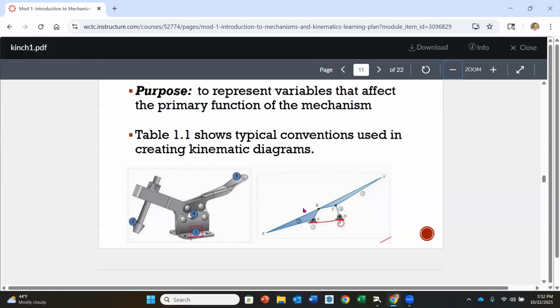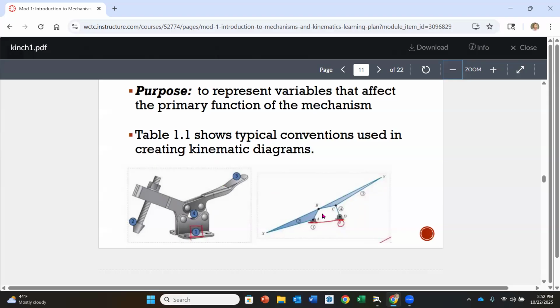And so over on the right-hand side, we're going to use standard symbols to represent what these would look like. So notice that over on the right-hand side, our kinematic diagram, the handle doesn't really look like the handle, okay?